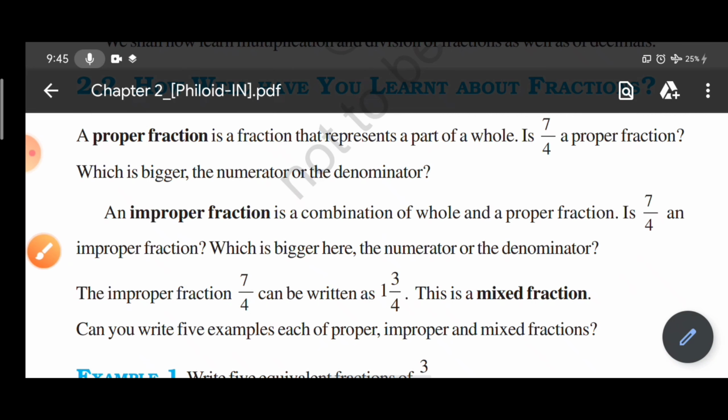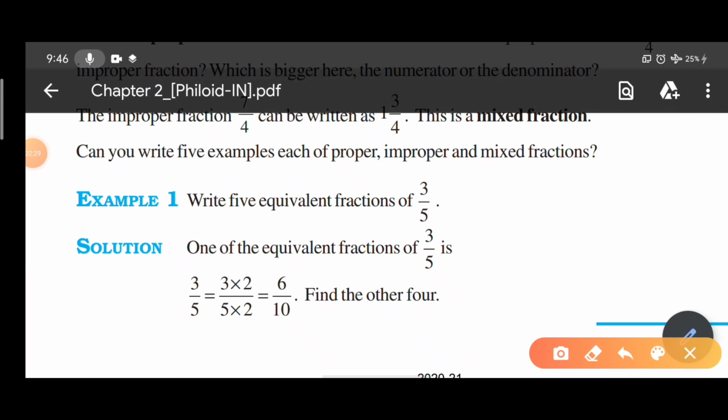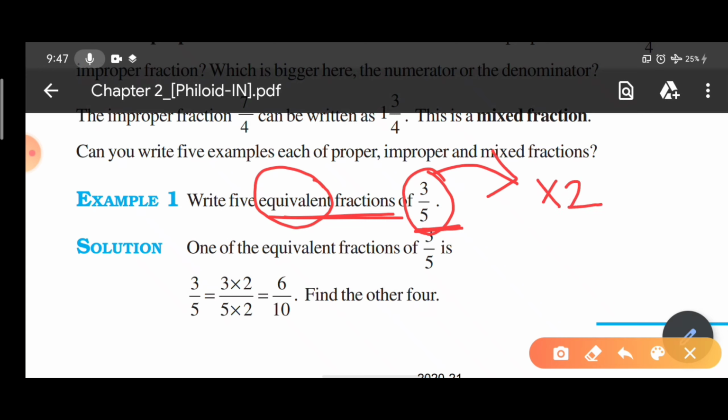Okay, the next type of problem is where you have to write an equivalent fraction. For writing an equivalent fraction, you have to understand that whatever fraction you write will possess the same value that the question has provided to you. For example, it is 3 by 5. To make the equivalent fraction, I simply perform the same operation on the numerator and the same operation with the same number on the denominator.